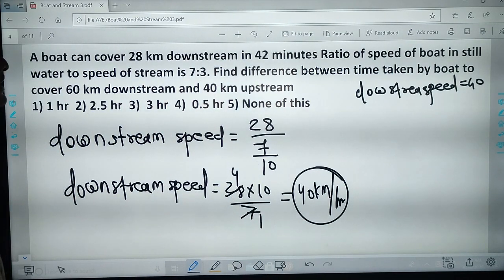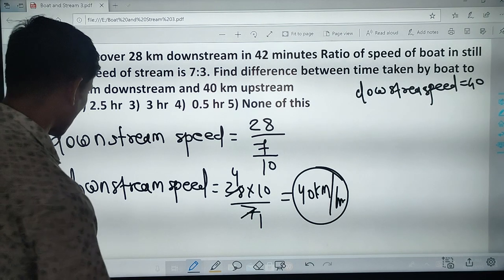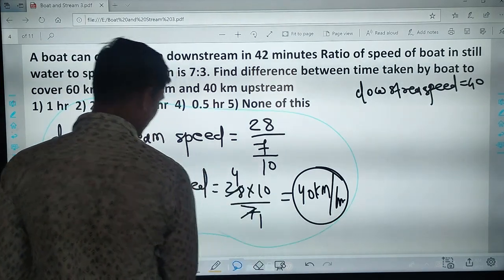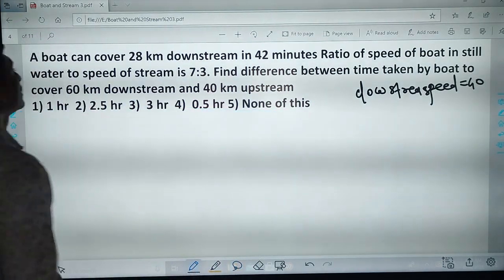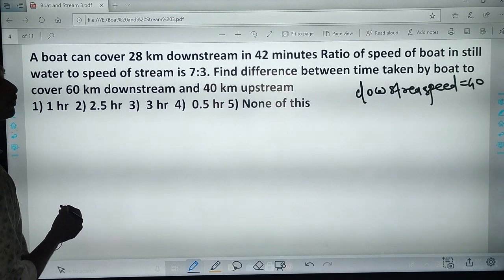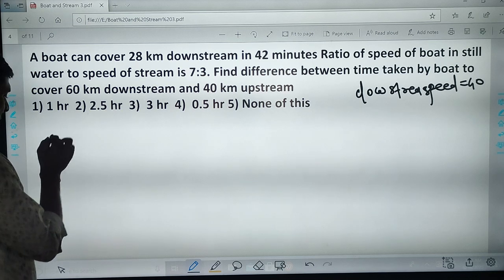Then here the given ratio of speed of boat in still water and speed of stream is 7:3.